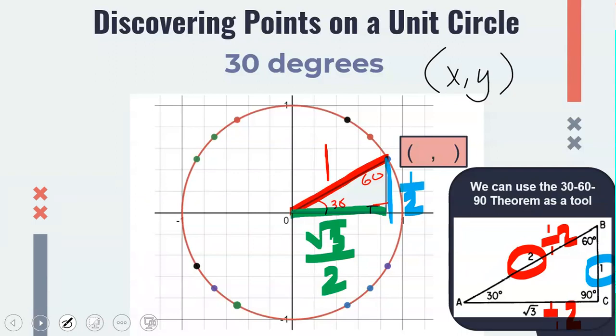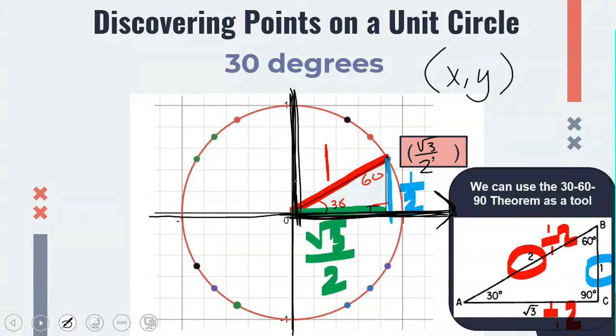If we're thinking about this unit circle in respect to the xy axis, x would be right here along this side. And how long was that side length? Well, that was radical 3 over 2. Similarly, if we wanted to find y, the vertical height up and down, we're looking at this side length right here, 1/2.